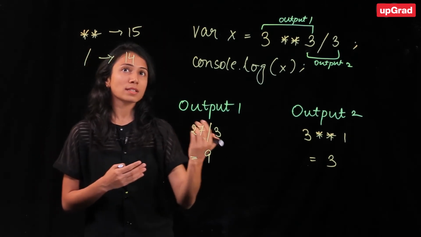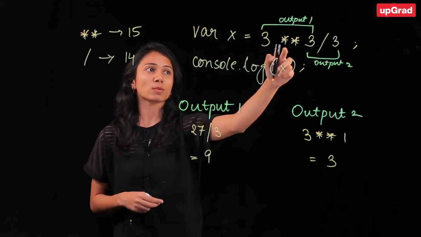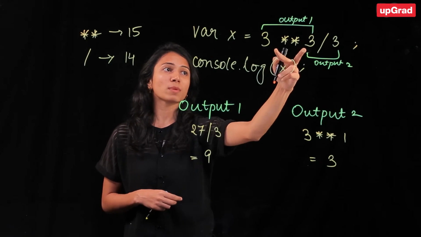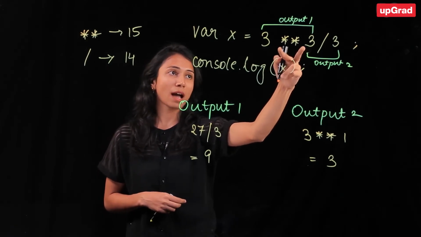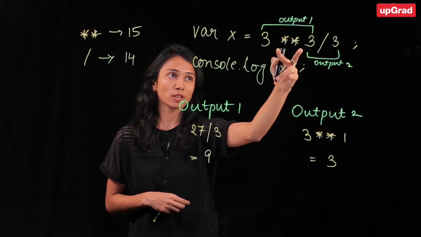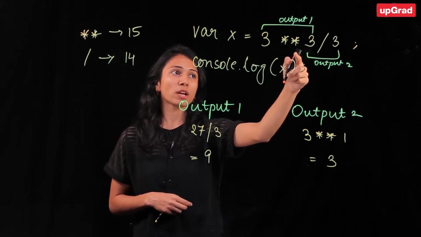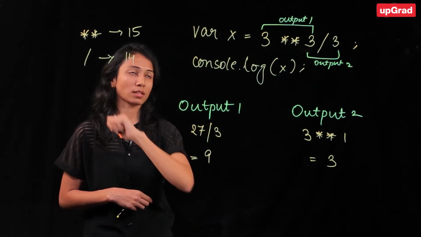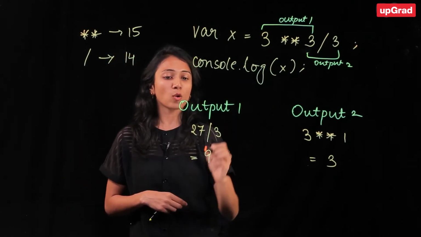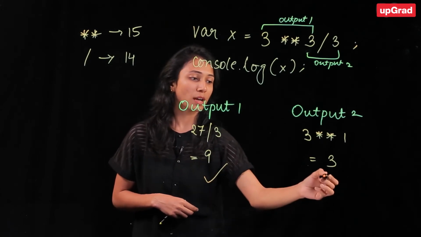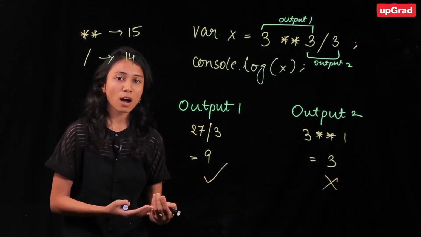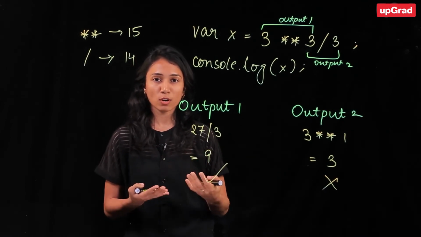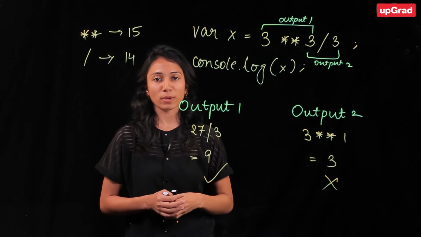So when the translator sees the operator of higher precedence, which is the exponentiation operator here, it evaluates that expression first, and then the result is calculated with the other operator, the division in this case. This is why output 1 is the correct one and the other is wrong. This is how the translator avoids ambiguity while performing operations on different operands using different operators.